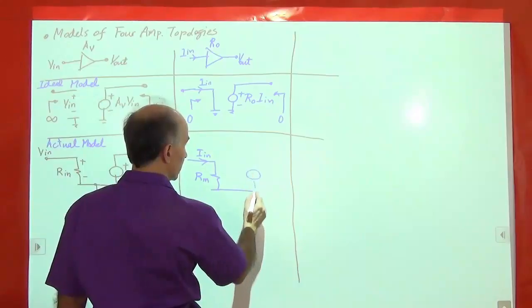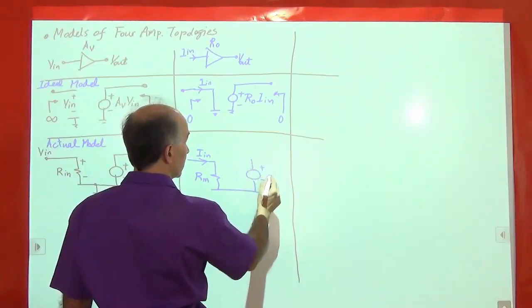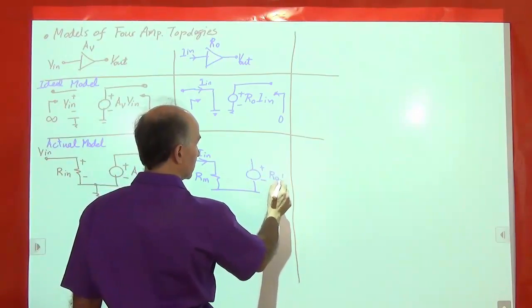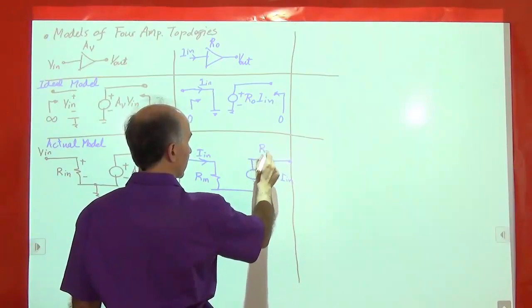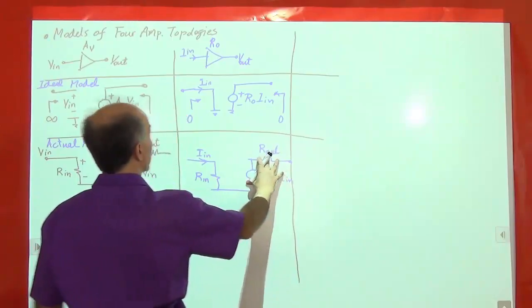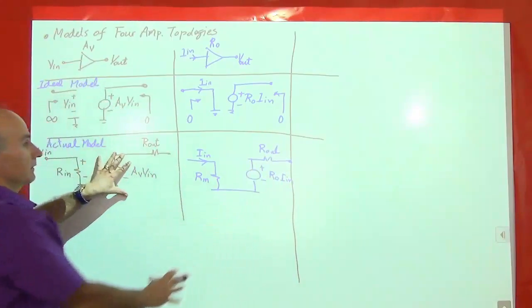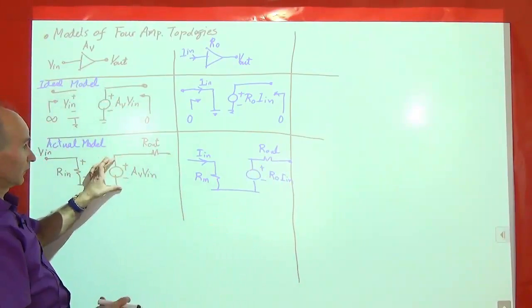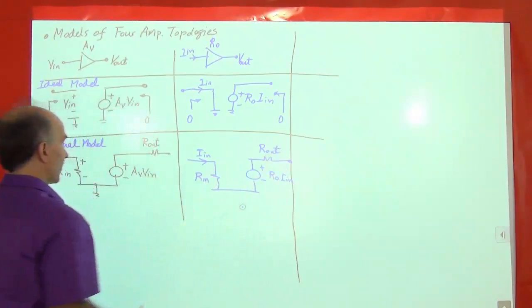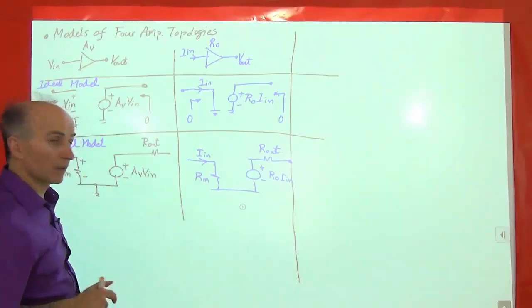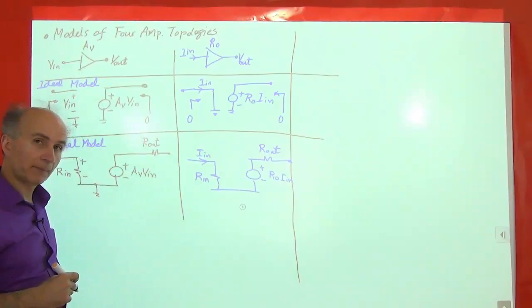So here's the voltage source of R0 I in, but then we also have a resistance of R out. So this part of circuit is similar to this one, right? Because we're generating voltage with a finite output impedance, but this part of circuit has an input resistance through which the current must flow.